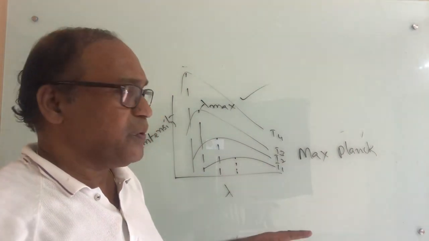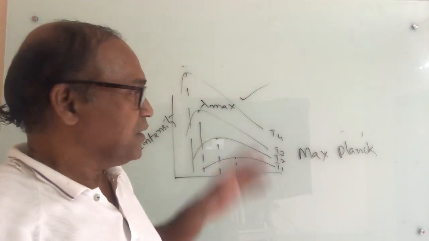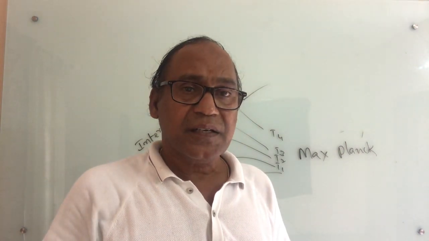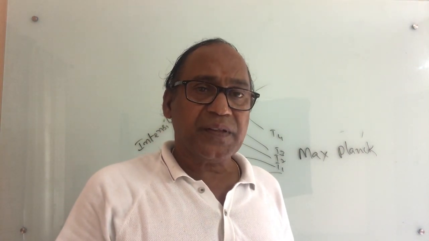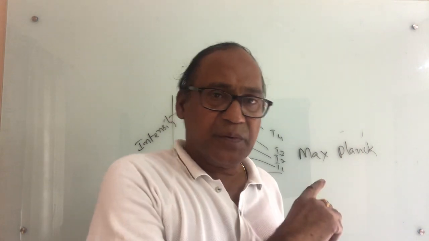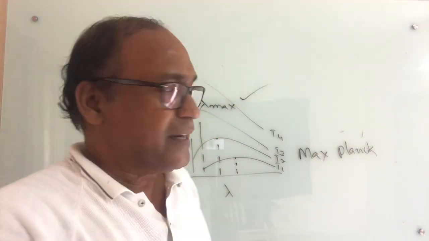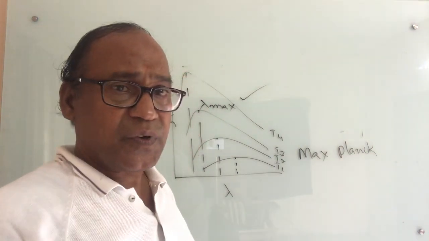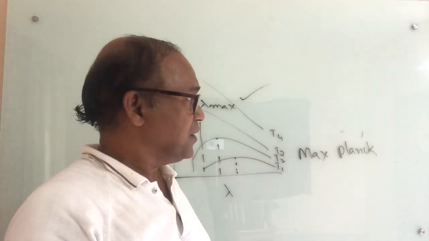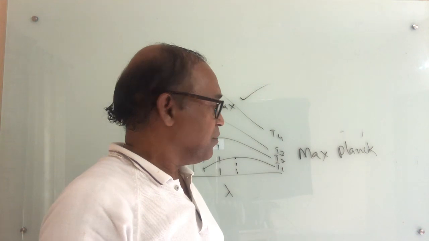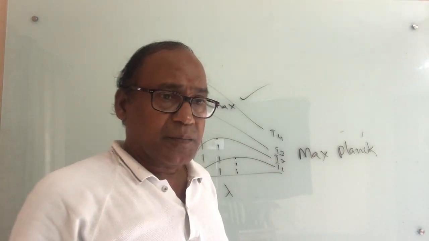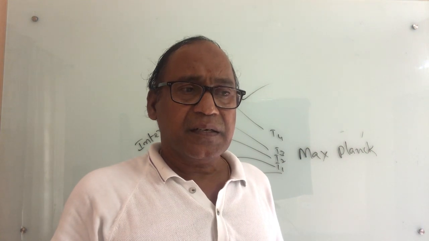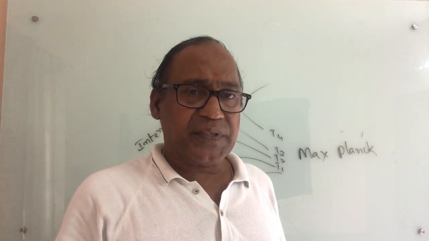The very failure of earlier scientists to explain black body radiation was only due to adopting the wave nature of light. Just now I have explained that light is emitted and propagated in the form of continuous waves. But Max Planck proposed a completely different hypothesis.